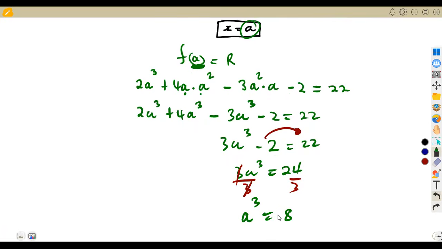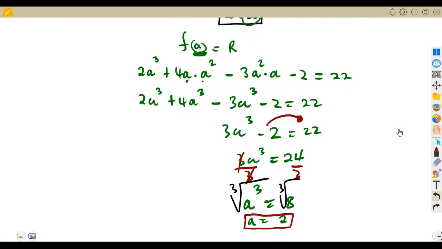If a to the exponent of 3 is 8, what is the value of a? To remove the cube, you introduce the cube root on both sides, or the exponent of a third; that's one and the same thing. So a is the cube root of 8, which is 2. Therefore, our a in this case is 2, from the cube root of 8.